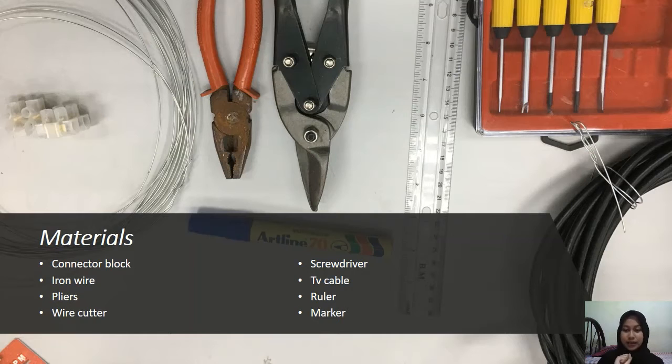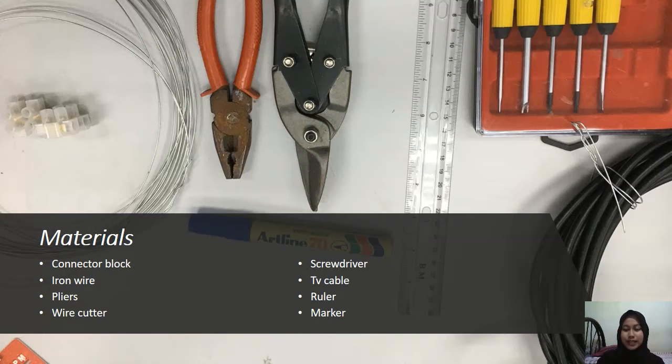Most of these components or materials, we can get in the hardware shop nearby our house. Some houses already have a plier and screwdriver, and for the marker and ruler we also have them. So there's no need to spend more money to create this antenna. If I'm not mistaken, my budget for creating this antenna is only 15 ringgit.